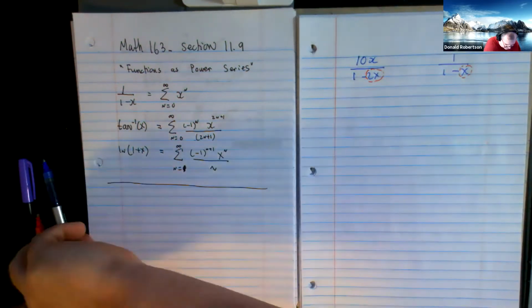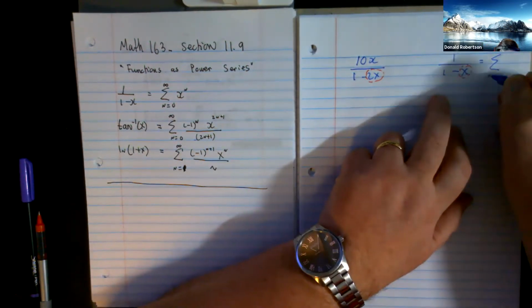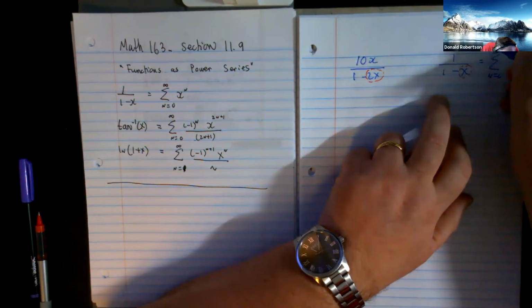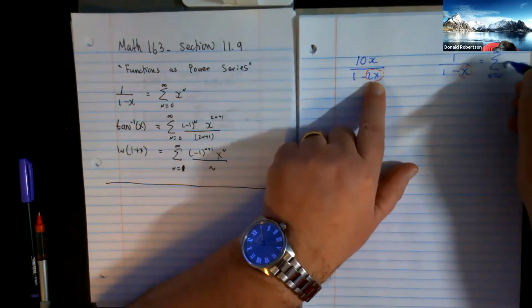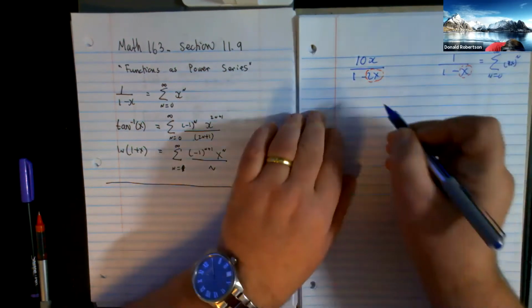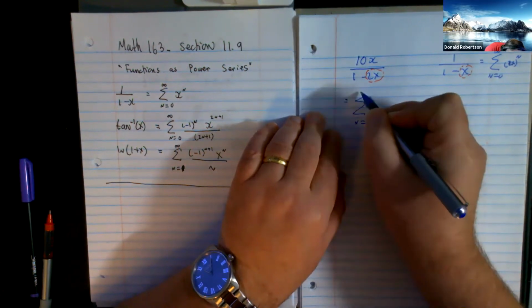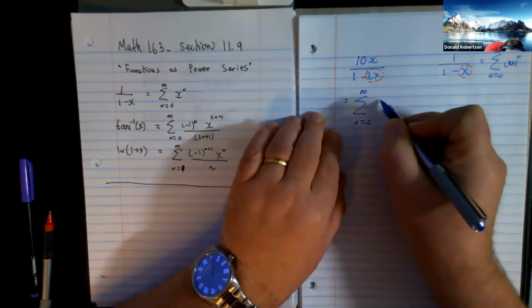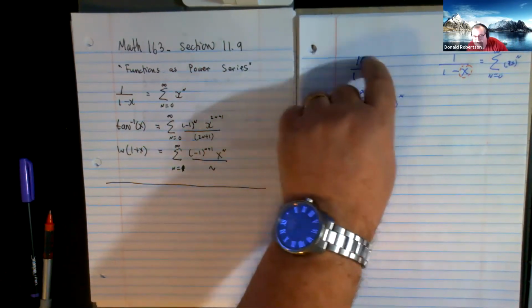So what that tells me is that my substitution, my replacement, if you prefer that word, for x in this case is going to be 2x. Use the original. So it's going to be sigma n equals 0 to infinity of (2x) to the n. But I have some terms on the top.